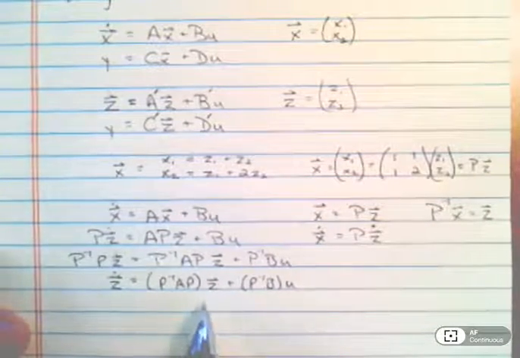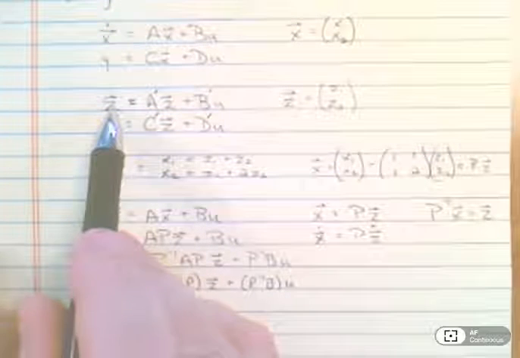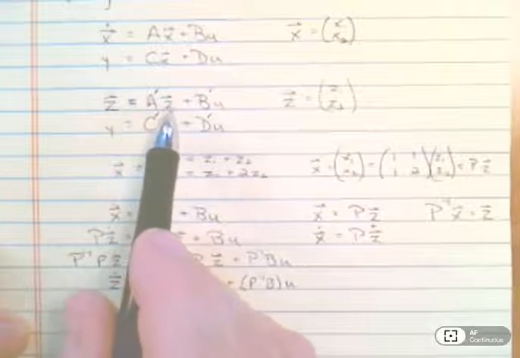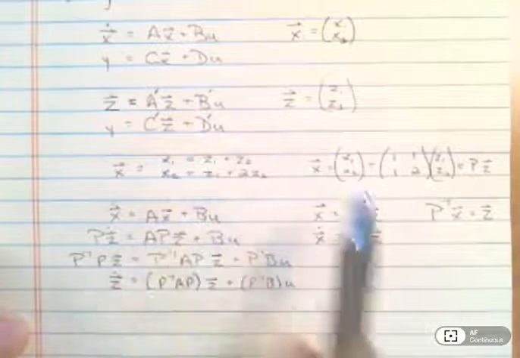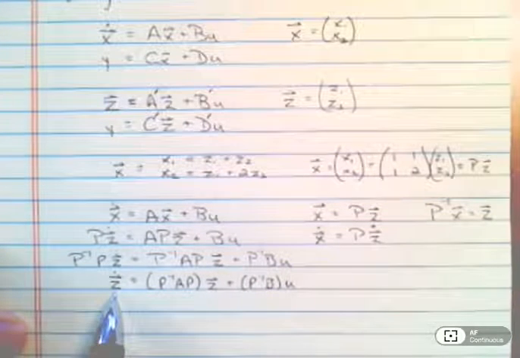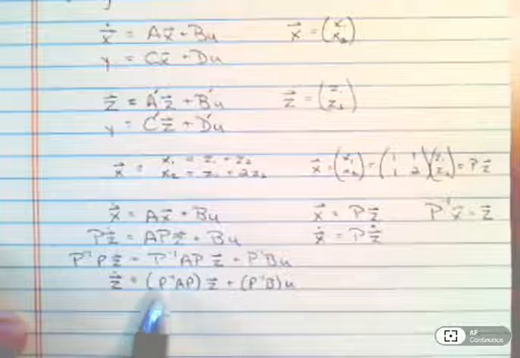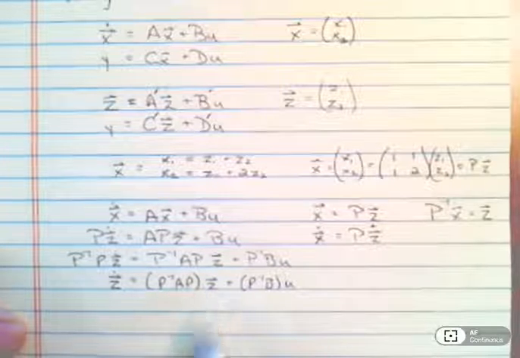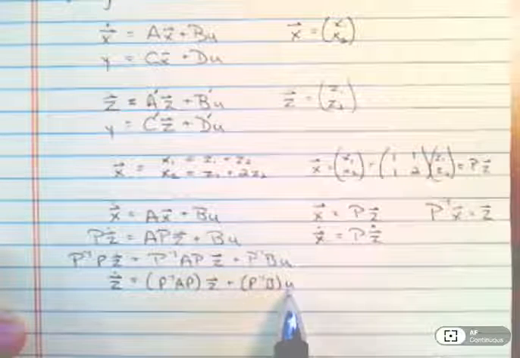And that looks like our standard form. That looks like z dot, the vector, equals some matrix times z plus some vector times u. So here is z dot equals some equivalent matrix z plus some equivalent vector u.